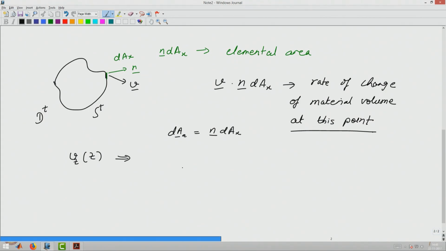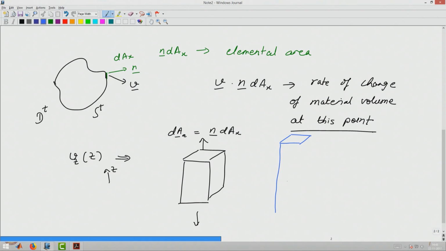We have seen that if you have a cuboid of material, and we are pulling the cuboid of material in z direction, what we will expect is as a function of time the material will be moving in z direction.